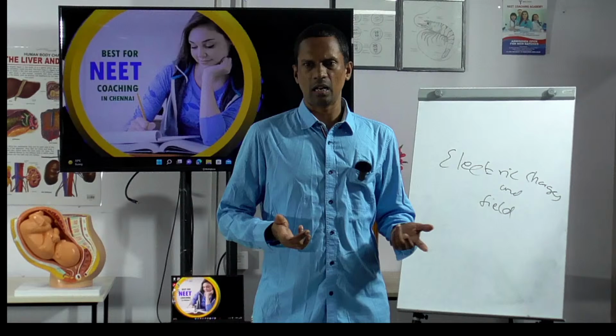If you go for a semiconductor, between the valence band and conduction band the energy gap is there, but it is very small. If you go for an insulator, the band gap should be very, very high, so it cannot conduct.